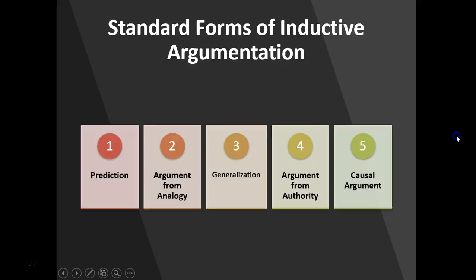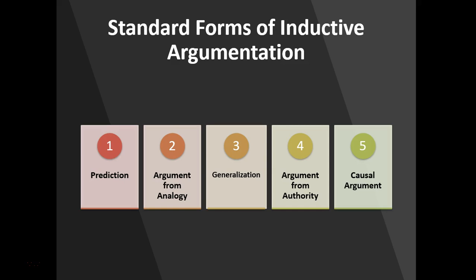Good. Okay. Now, standard forms of inductive argumentation, right? So we're done looking at those deductive arguments where the conclusion is meant to follow necessarily from the premises, and we're moving on to the class of arguments called inductive.